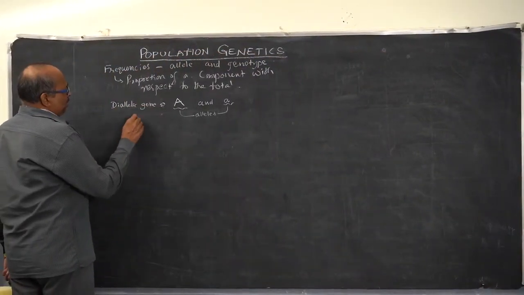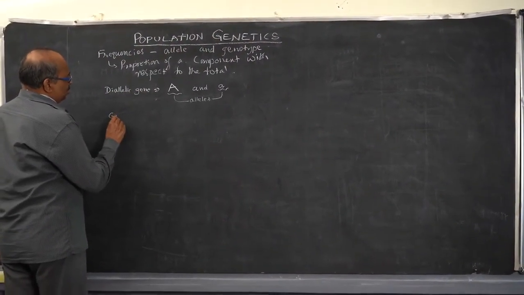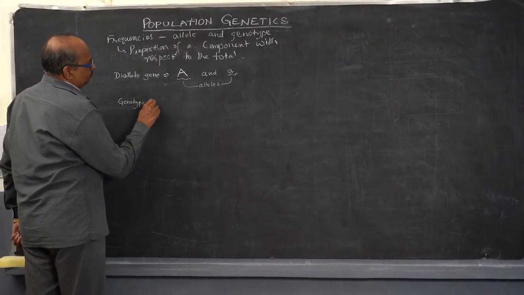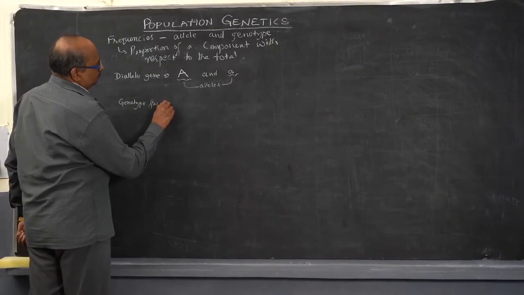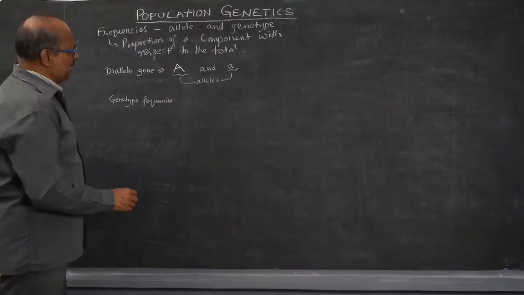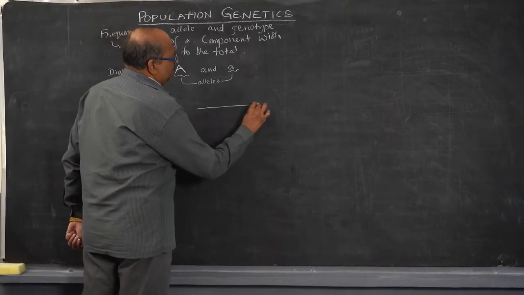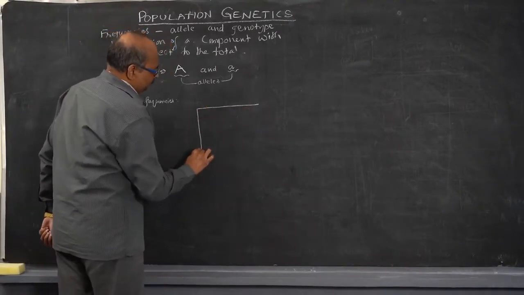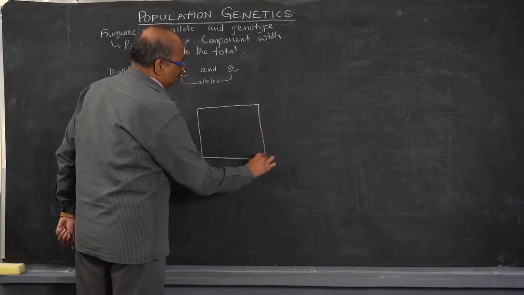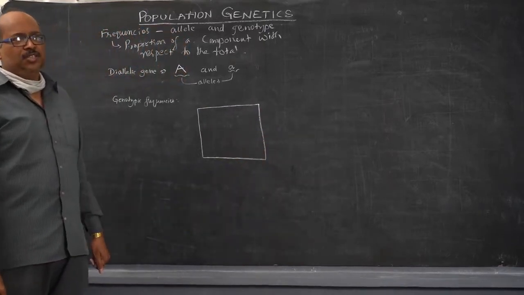Then when you look at the genotypic frequencies, you can generate them by using a checkerboard, also called the Punnett square.